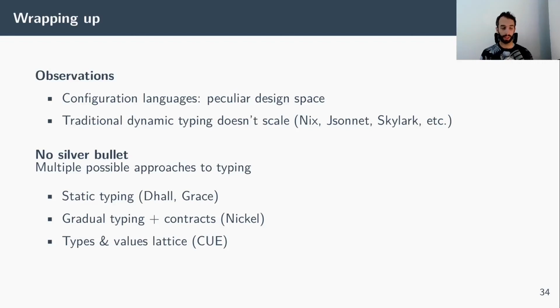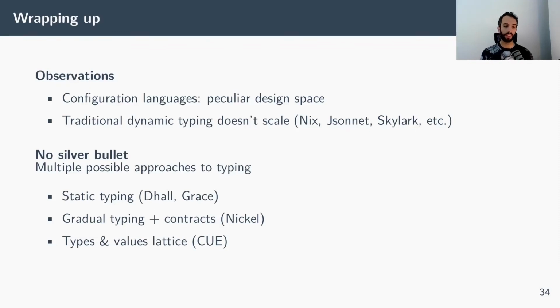There's no silver bullet. There are different trade-offs, which are all valid, at least the ones I presented in this talk. So there's Dhall that says just use static typing, and I want to cite Grace, which is a new language by the same creator with better type inference and a less expressive type system, which is an interesting trade-off.